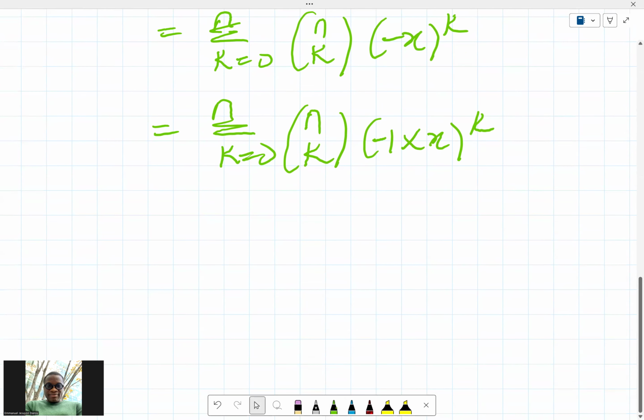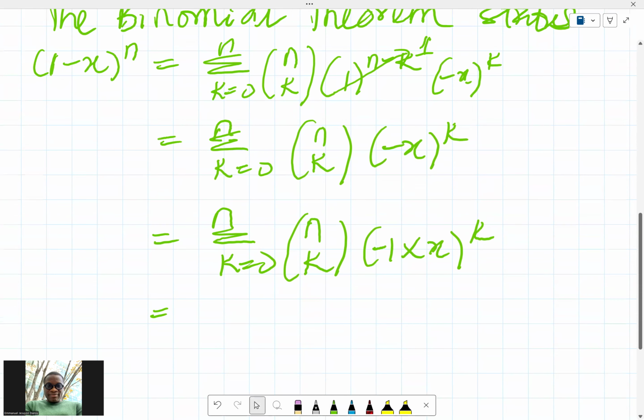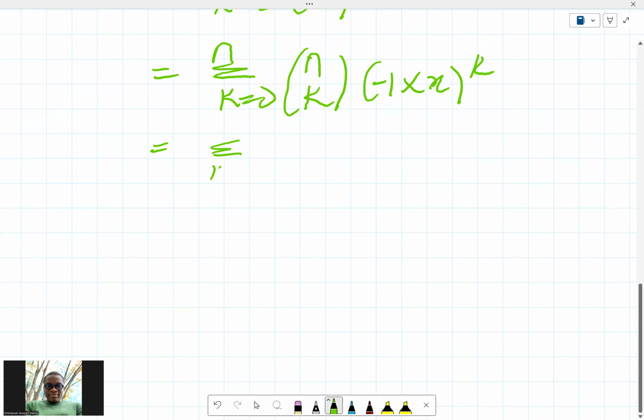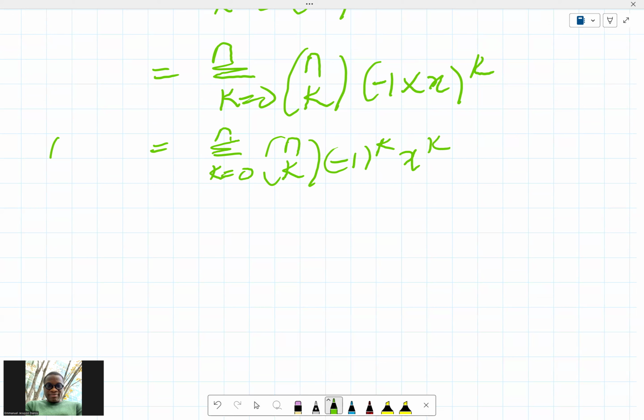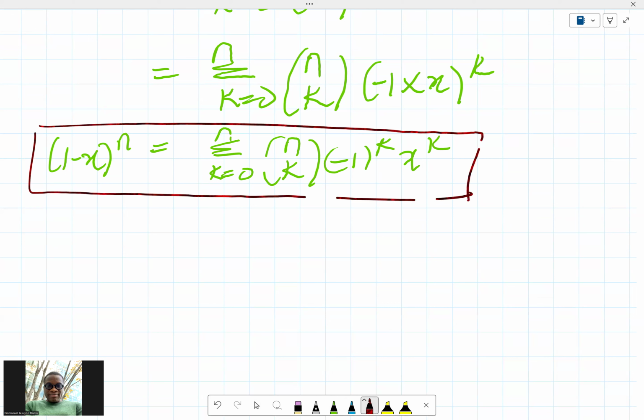So this can simplify to summation from k equals 0 to n of n combination k, then minus 1 raised to power k, then x raised to power k. That is what 1 minus x raised to power n is going to be at the end of the day. Now, this is important because this minus sign is really crucial.